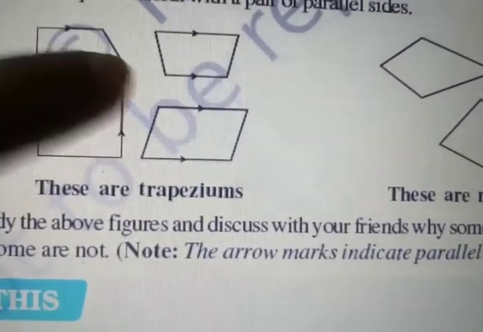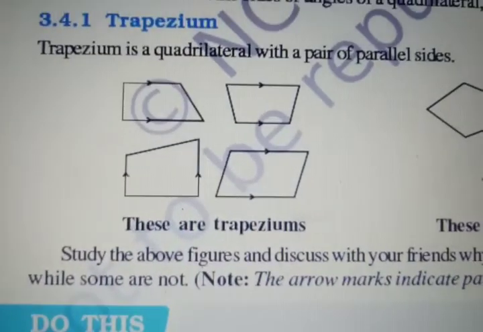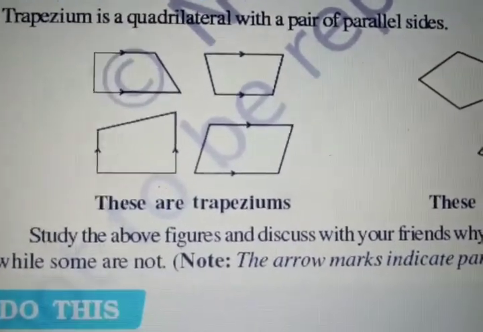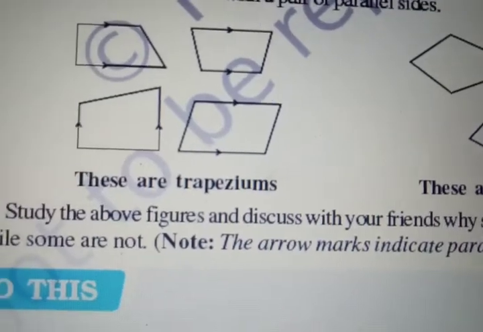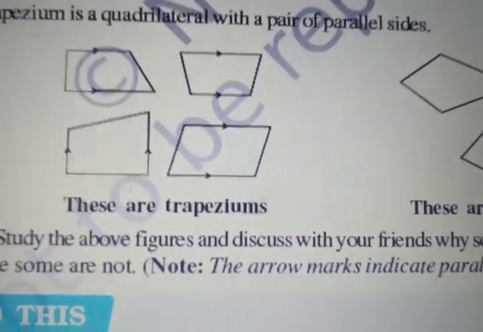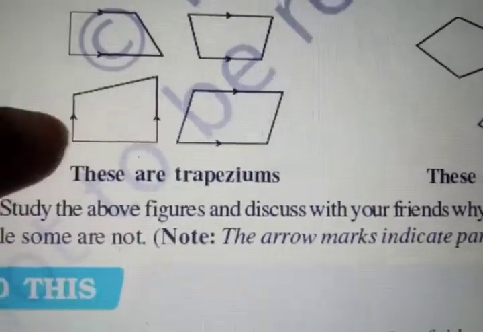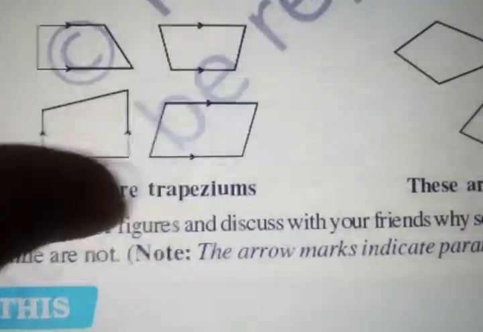But this side and this side are not parallel. That we don't want. We want at least one pair of parallel sides. And this side and this side are parallel to each other. So see here, this is parallel, this is parallel. These are all trapeziums.